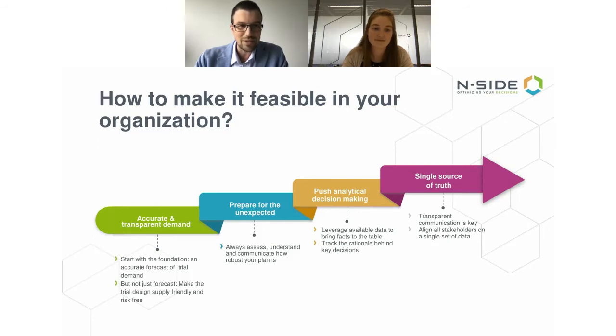The goal is not to reduce waste at the expense of increasing risk. It's the opposite that we want to do, which is to bring more control to your trials, therefore bringing risk down and waste down at the same time.